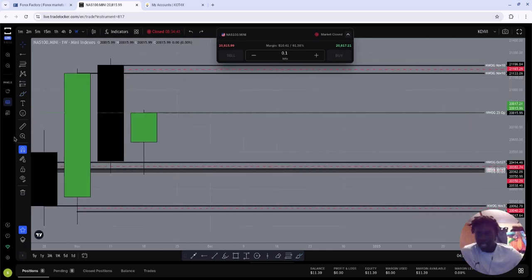Let's get to it. So the way I like to get into the market and put my money into it is through this model right here.